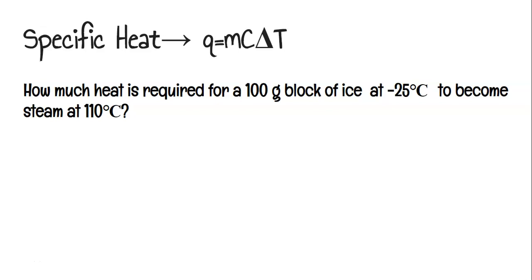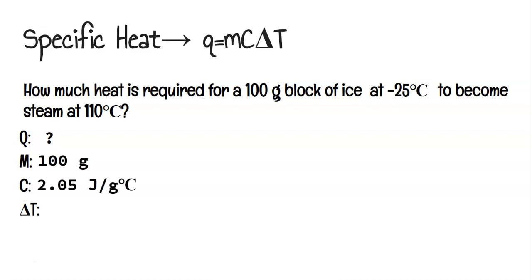Now, here's how it works on our graph. Everything that's slanted uses Q equals mcΔT. Everything that's plateaued is going to use either heat of fusion or heat of vaporization. So I'm going to do mcΔT first. My Q is unknown. The mass is 100 grams.